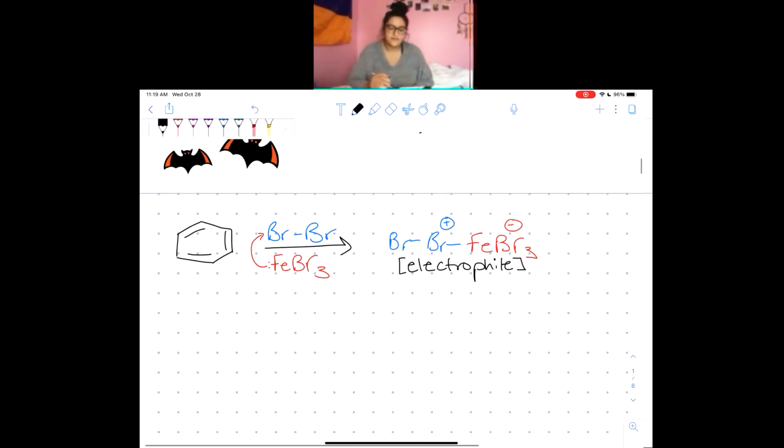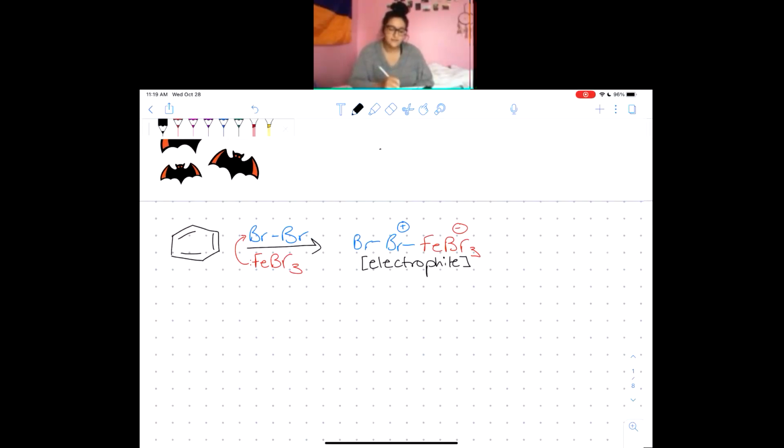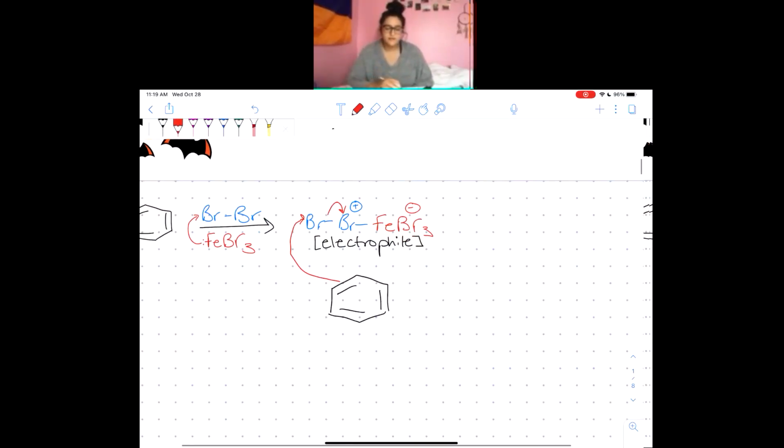So now benzene is going to come in. I'm trying to figure out how to draw this without making it super ugly. But so benzene comes in, it attacks, steals that bromine, and so do you guys think it matters which double bond benzene uses to attack?